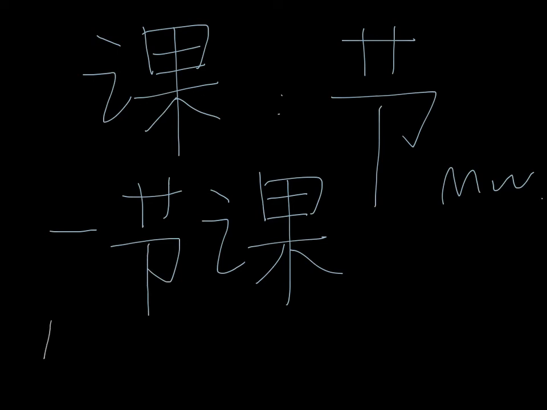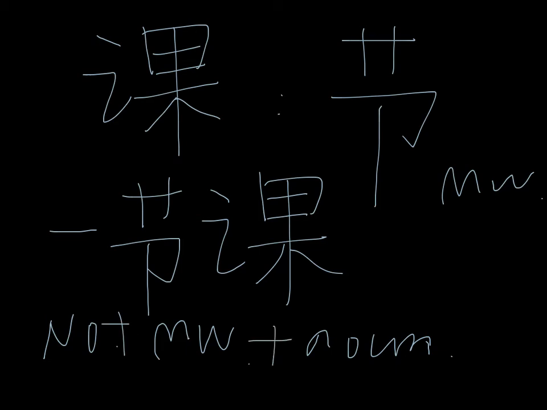So number, measure word, and noun. We have learned this before in our pet section, which is one dog is 一只狗, one snake 一条蛇. Pay attention to this measure word, it's very important. And of course, if you say 2 lessons, you must use this 两. So 两节课.